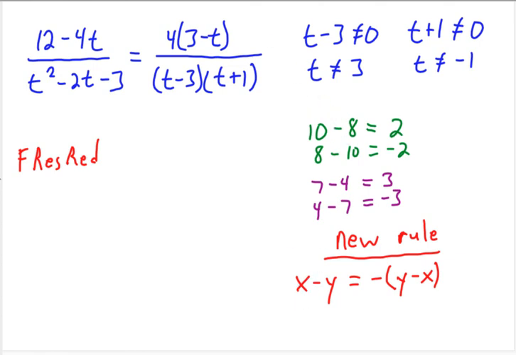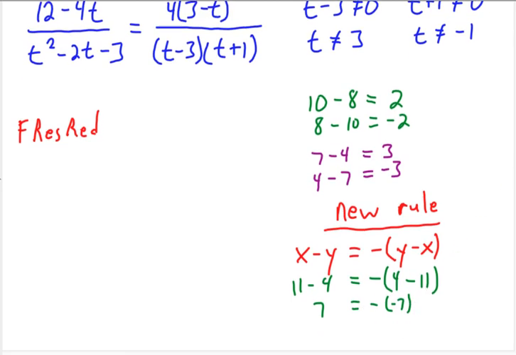I'll make up a whole new one. 11 minus 4 is equal to negative (4 minus 11). Okay, simplified, that means 7 equals the opposite of negative 7, which is 7. Right? So you can see that these are the same. So whenever you need x minus y to look like y minus x, you just put a minus in front.